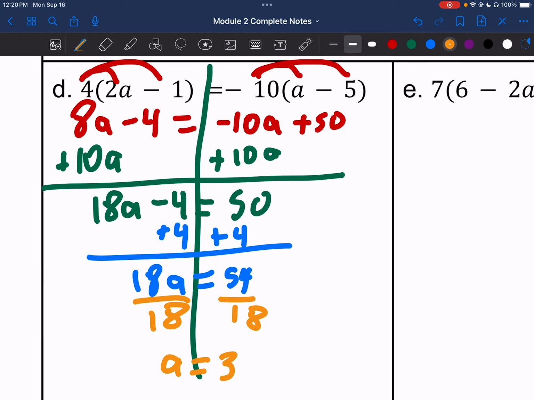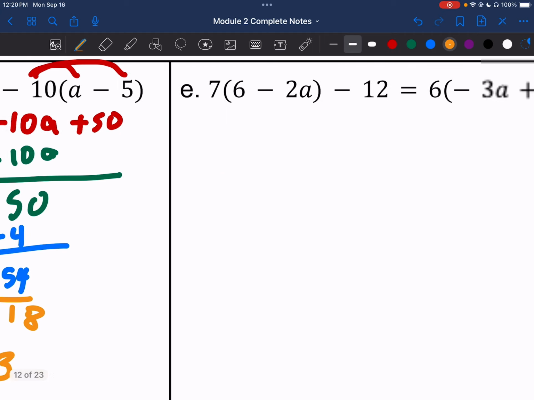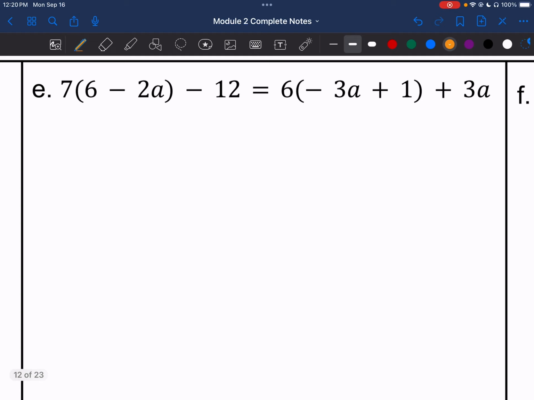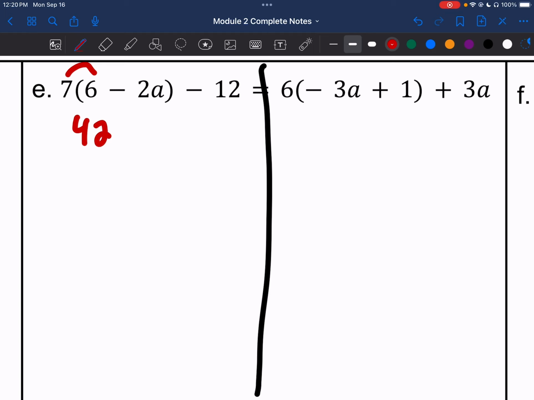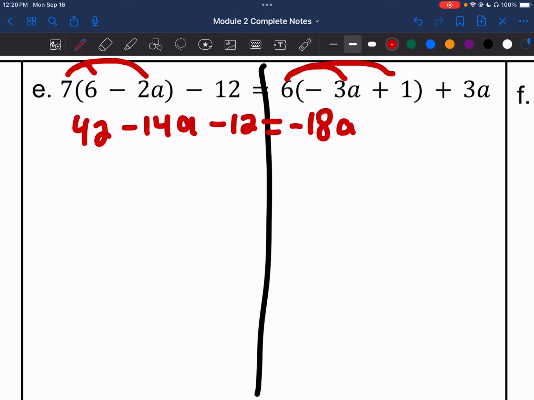Okay. Letter E. We have a lot of things going on in letter E. So we start off with our dividing line. We start with distribution. 7 times 6 is 42. 7 times negative 2a is minus 14a, and I have a minus 12. 6 times negative 3 is minus 18a, and 6 times 1 is 6.